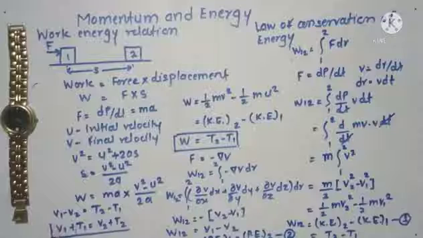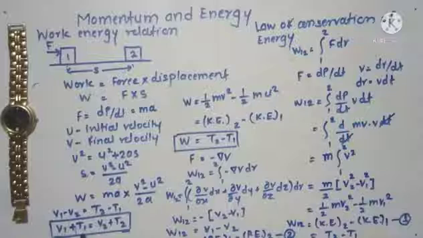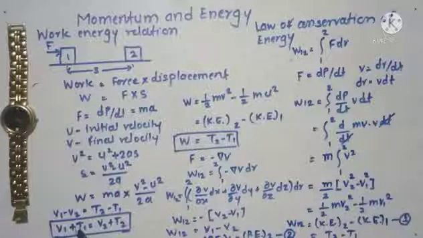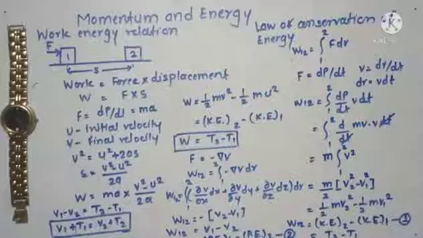So we can say that the total energy is the potential energy plus kinetic energy for any system. The total energy for the initial position and the total energy for the final position are the same. It means that energy is neither created nor lost. So this is a proof of the law of conservation of energy.